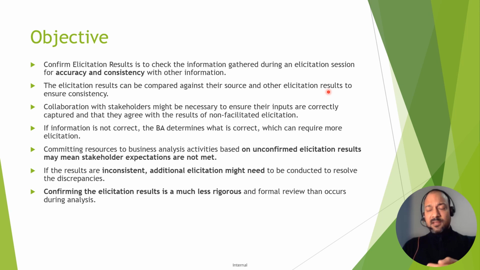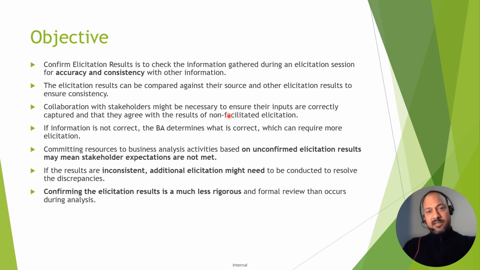It could also be that you don't write two different requirements from the same elicitation result, which would create duplication later, right? So you have to ensure consistency. There should not be ambiguity, and in that way you have to work on those.